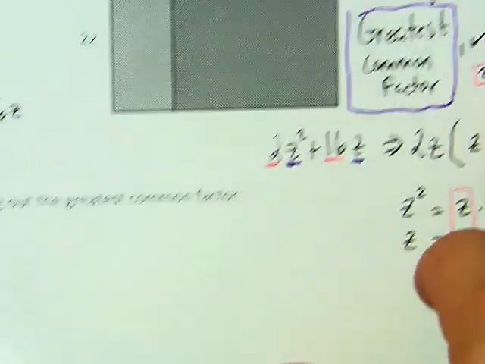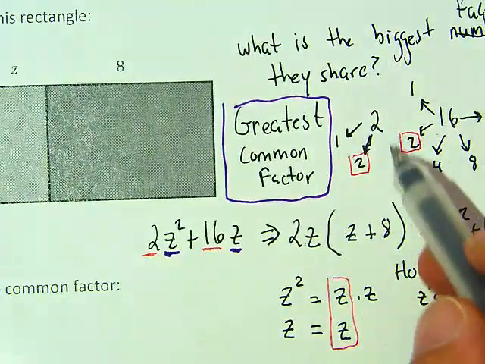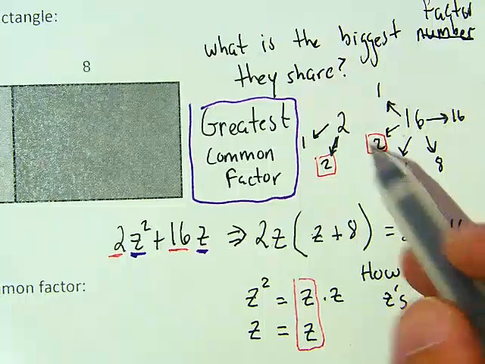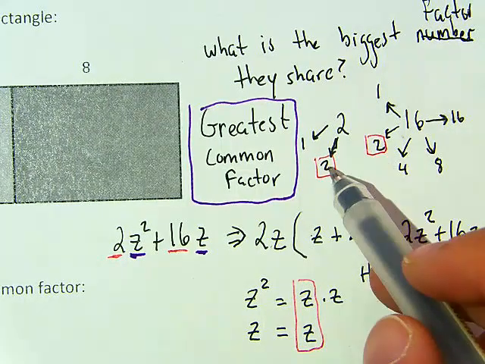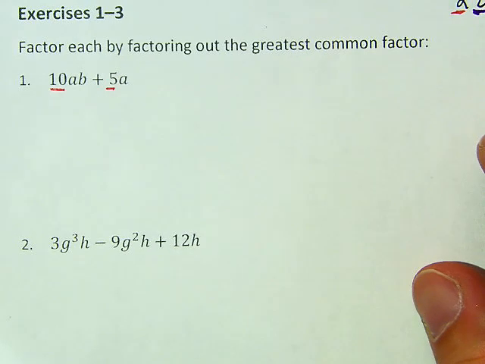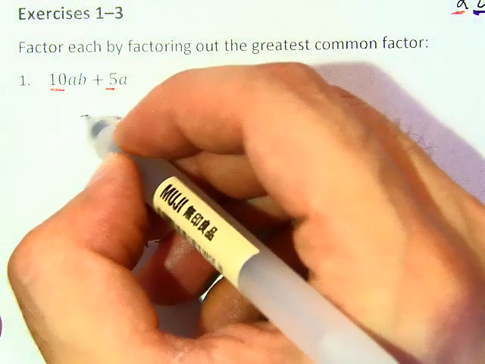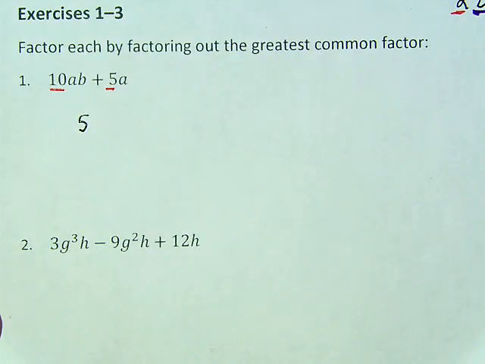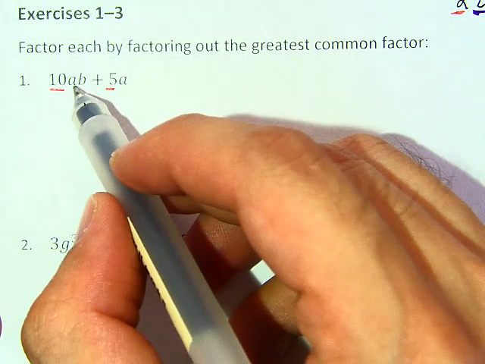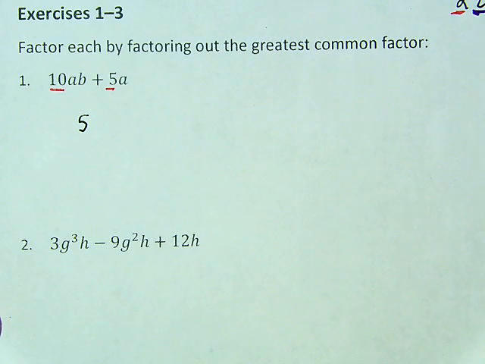Don't you remember this part? I took my 2 and my 16 and I found all the factors, and what's the biggest factor they shared? Well, what's the biggest factor the 10 and the 5 share? It's just 5.